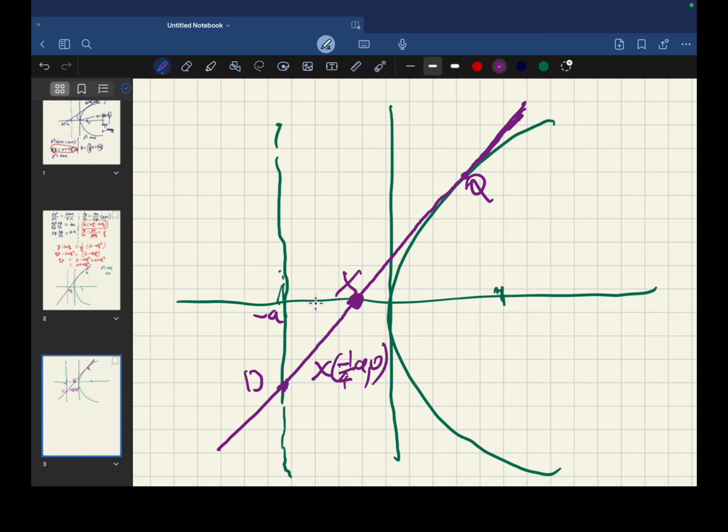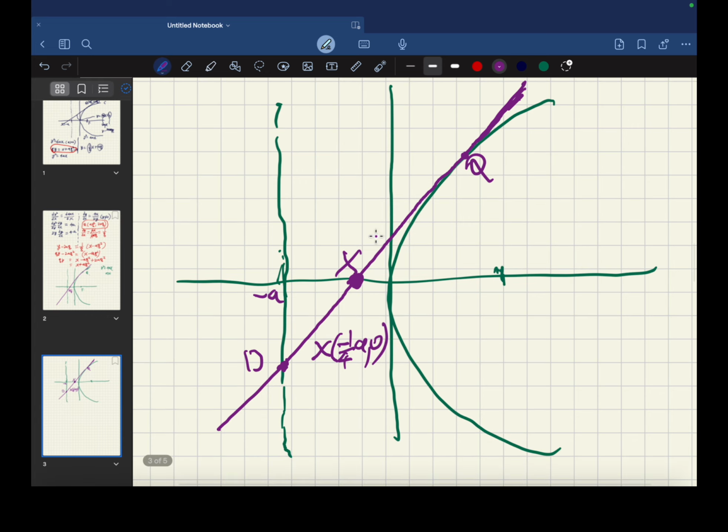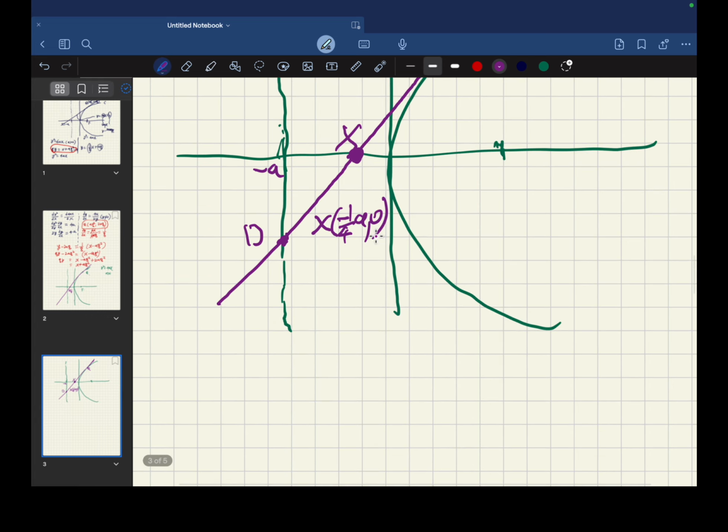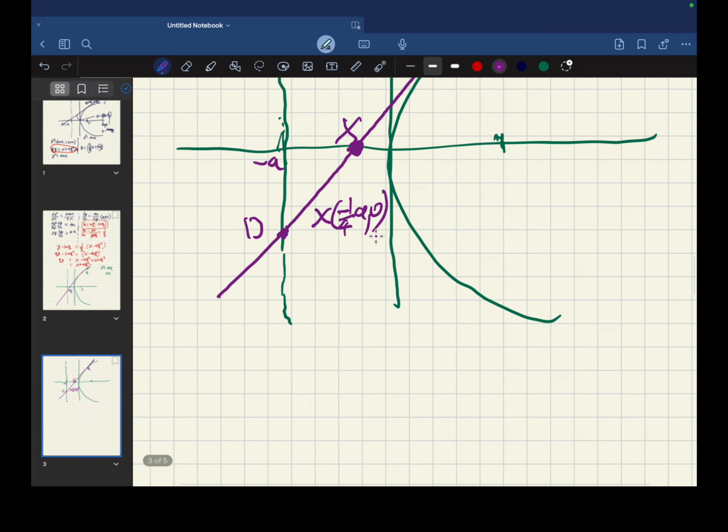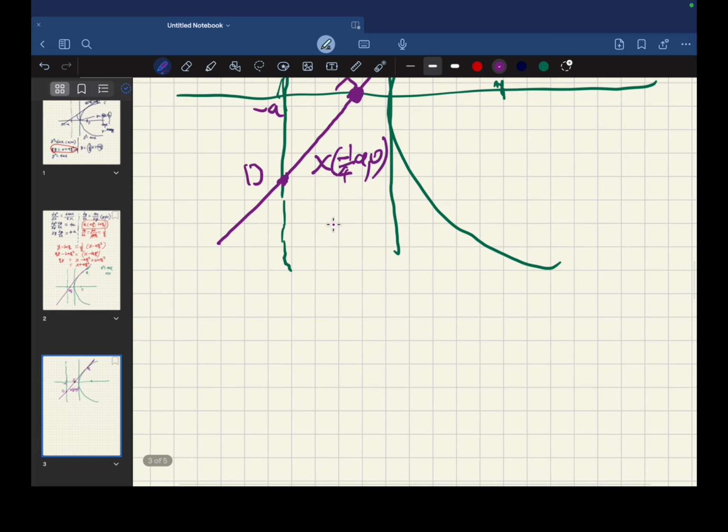The problem B requires us to find, in terms of a, the coordinates of D. So we want to express the coordinates of D in terms of a.